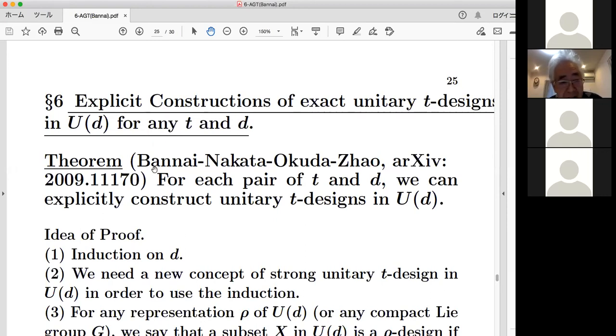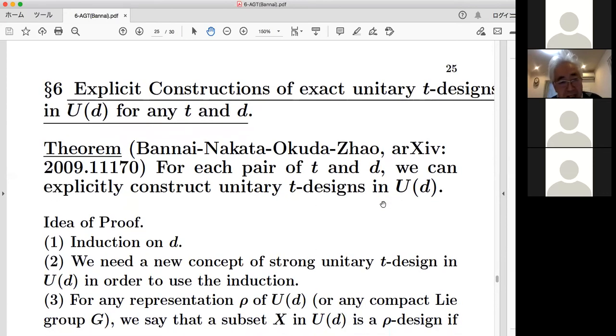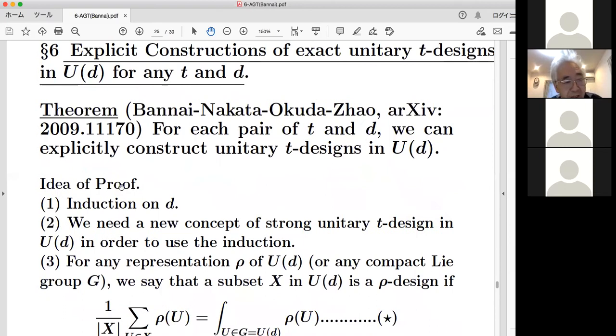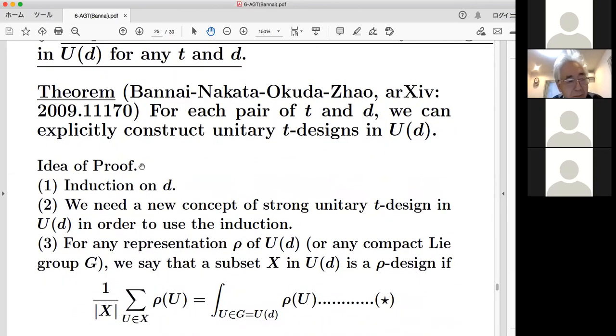And our main theorem is, for each pair of T and D, for any T and D, we can explicitly construct unitary T designs in U of D. So we answer the question of explicit constructions. And here is the idea of the proof.